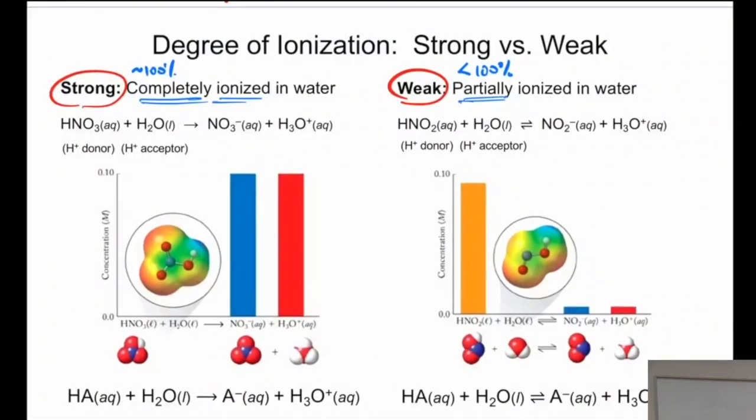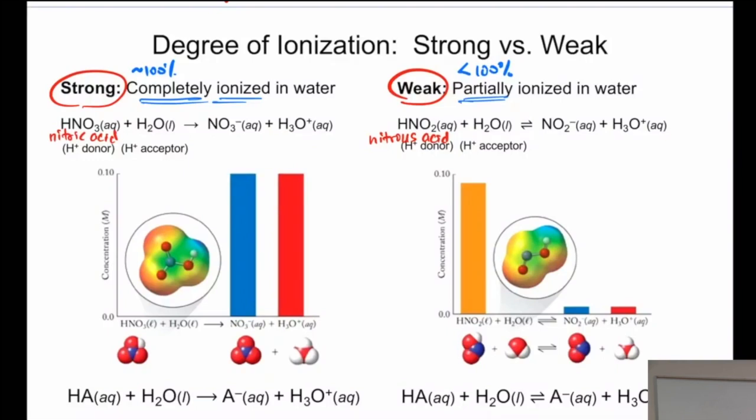Here's two reactions. The reaction on the left, this is nitric acid. And on the right, this is nitrous acid. And I've labeled these things for you like hydrogen ion donor and hydrogen ion acceptor because I talk about the definitions of acids and bases in the video in the context of Bronsted-Lowry bases and Bronsted-Lowry acids.